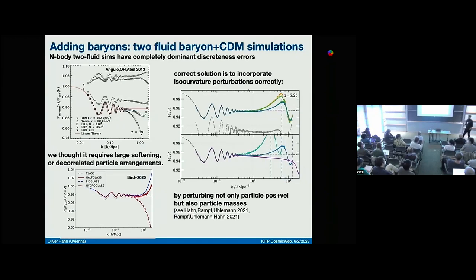Yeah. What's the problem with this? I don't get it. I've been doing it for years. But you're using grid codes, right? If you have particle codes, this doesn't work. Of course. Yeah. It's for particle codes, or if you do just N-body simulations, right?